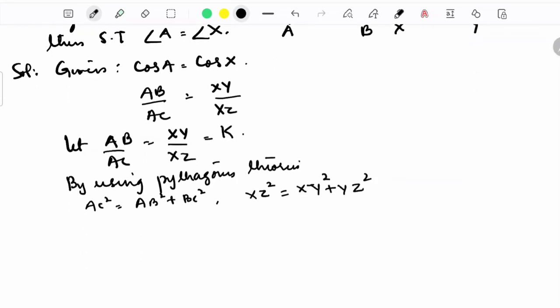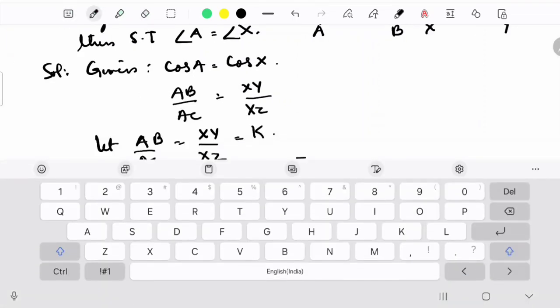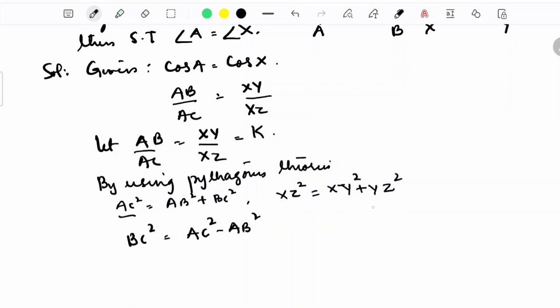Now what we will do is, we have AC, AB, so we'll take BC square is equal to AC square minus AB square, and YZ square will be equal to XZ square minus XY square.